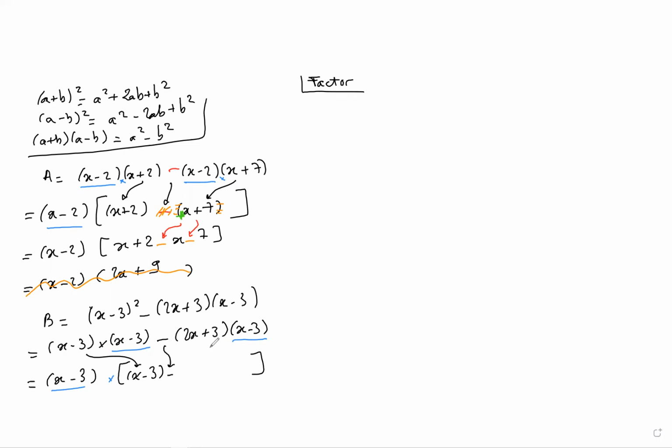So here we have a minus, and we will have to change the signs when we take the parentheses out. So I get x minus 3 times, so here I have a plus in front of my parentheses, which means I don't change the signs.